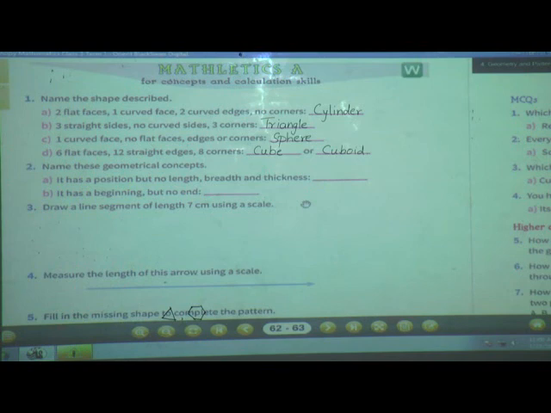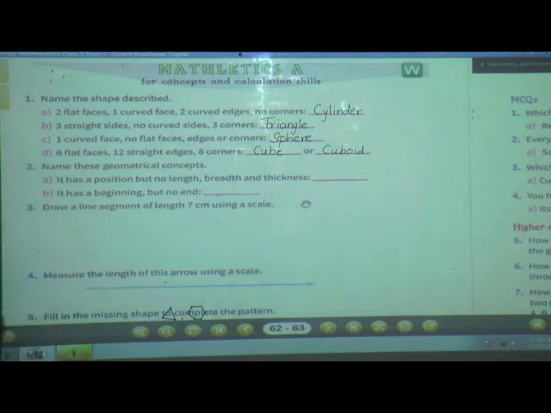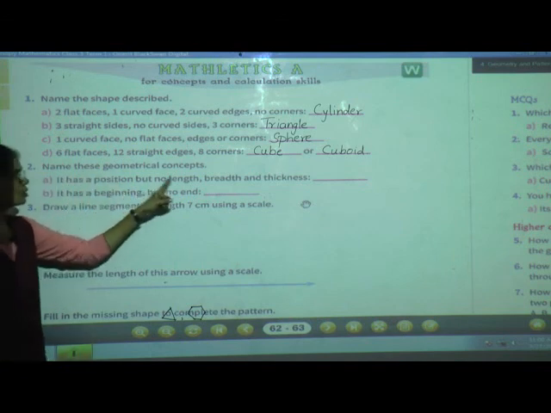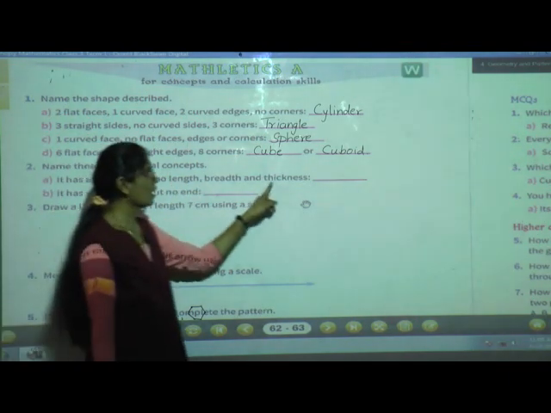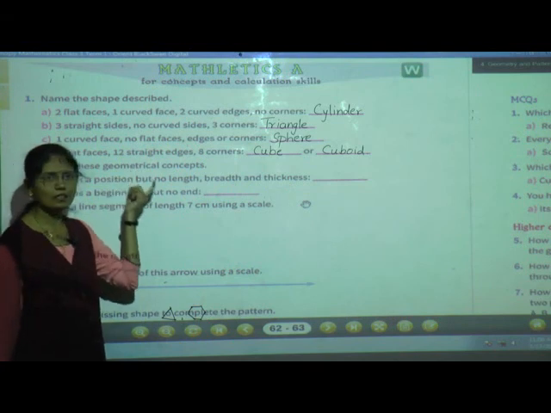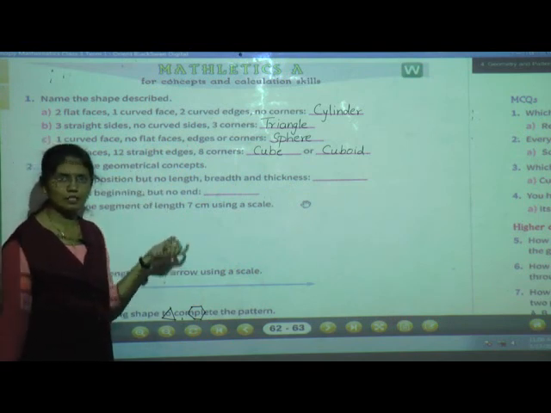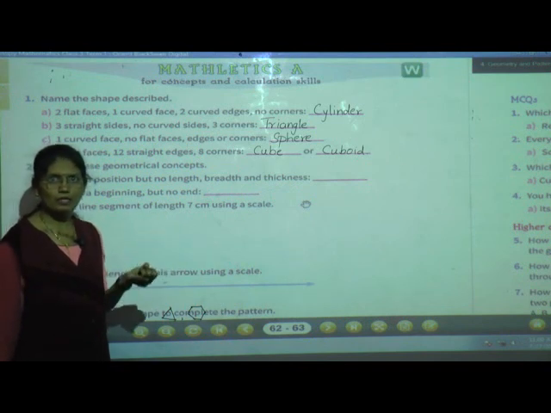Now students, see the second question. The question is, name these geometrical concepts. The description is given to us. It has a position but no length, breadth and thickness. Which is the geometrical concept? We have seen the simple geometrical concepts in our previous session: point, line, line segment and ray.